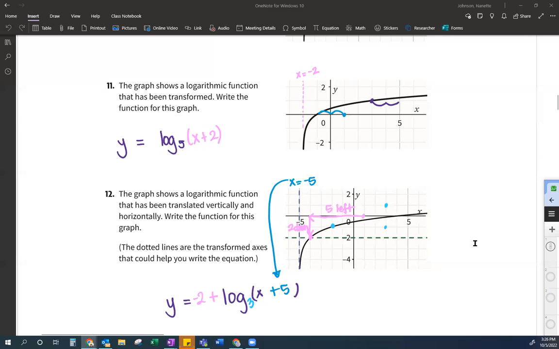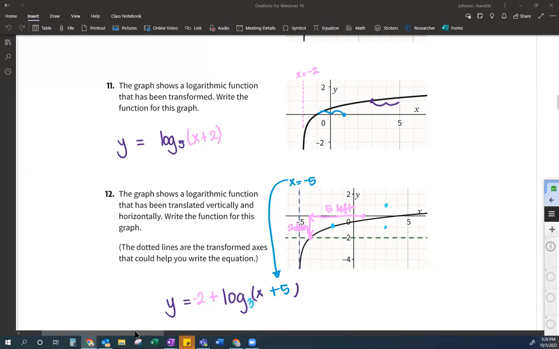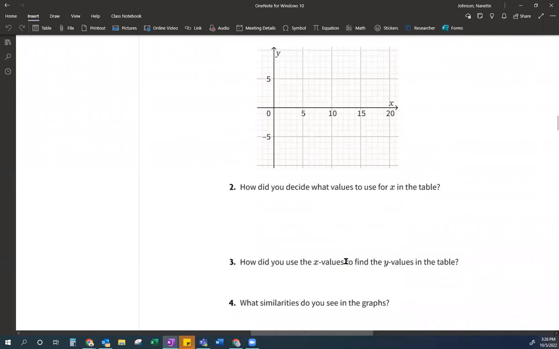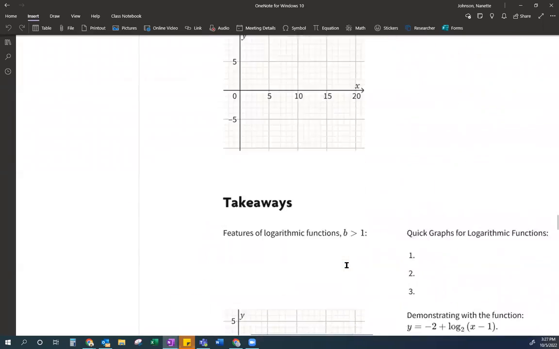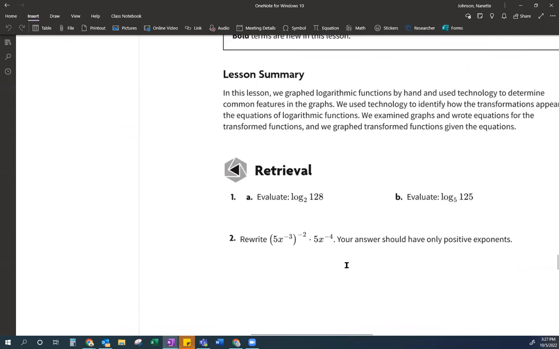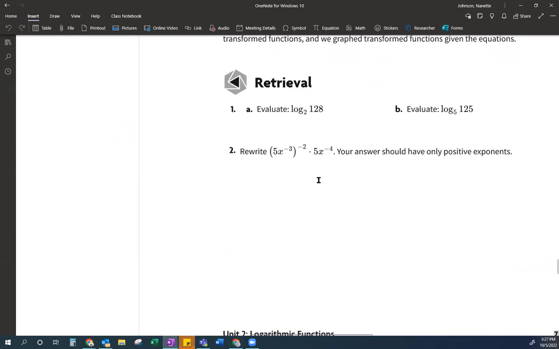Very good. And then the last question you guys all had was the retrieval question. I think it's going to be down here. Evaluate log base 2 of 128. Very good question.